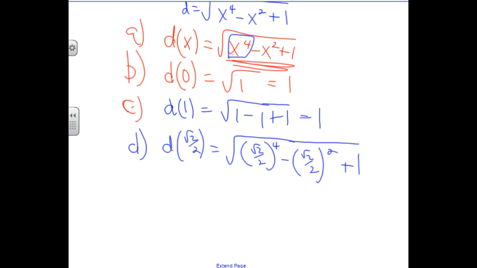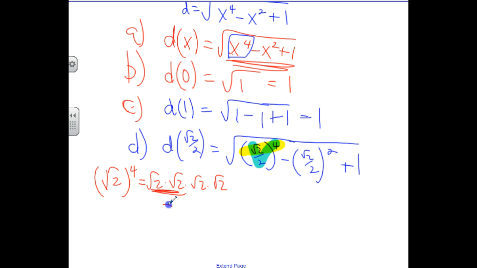So let's talk about this guy right in here. The square root of 2 over 2 to the fourth. Let's just worry about the numerator first of all. If I just look at the numerator, it says the square root of 2 to the fourth, which is the square root of 2 times the square root of 2 times the square root of 2 times the square root of 2.